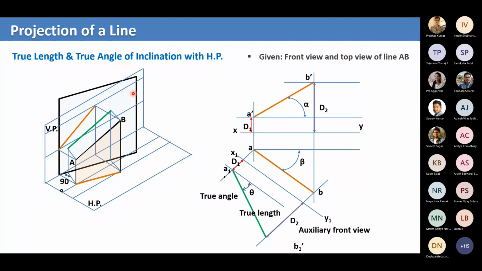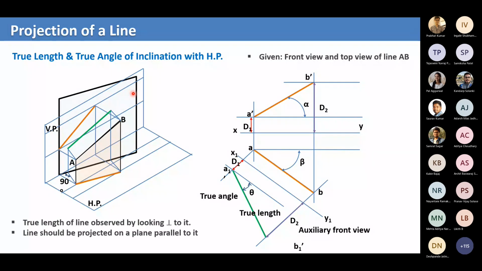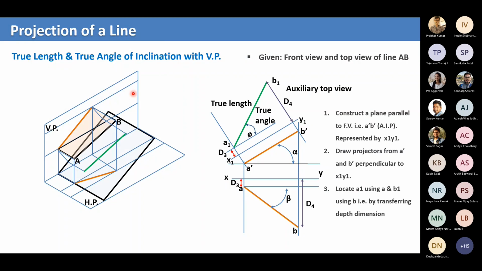So what if we take the auxiliary inclined plane? This is the auxiliary inclined plane. Now that I've explained the auxiliary vertical plane, this is also very simple. You have to take the auxiliary inclined plane parallel to the front view. So this is the front view. Now we take the auxiliary plane which is parallel to this projection.